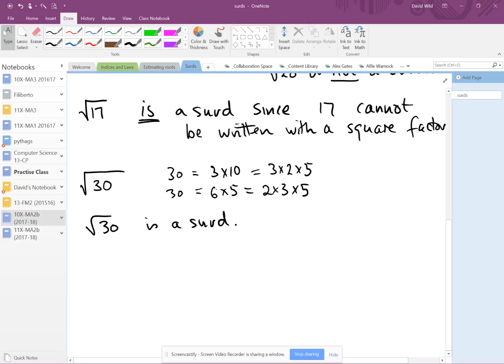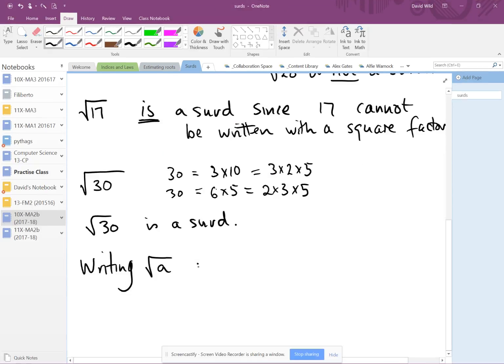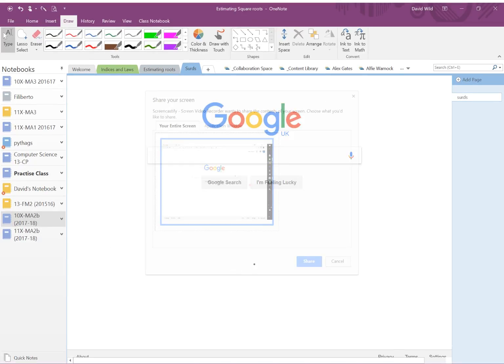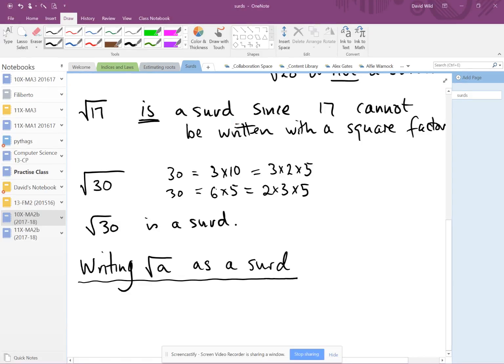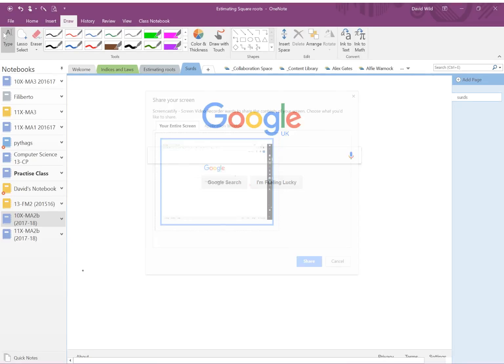So we also need to know how to turn non-surds into surds. Okay. So writing the square root of a as a surd. If something is not a surd, we need to turn it into a surd. So let's do an example of that.